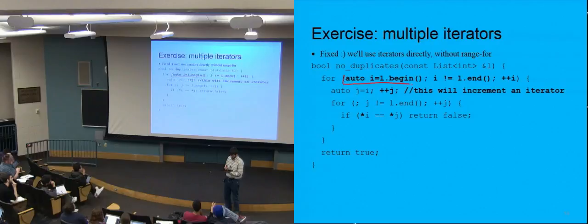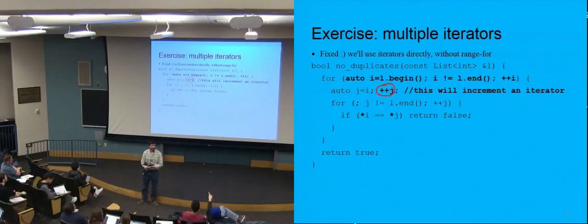We can still use auto, though. We can just say auto i equals begin, and we can save ourselves the hassle of typing in that long type. So now, when I copy j, I can use my increment operator and slide it forward by 1 spot.